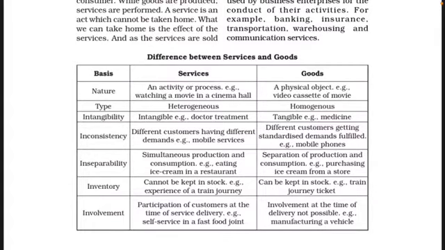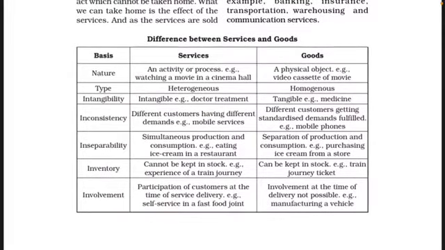And goods are physical objects, like a table or a mobile phone. An example is given here: a video cassette of a movie. In services, we are watching a movie in a cinema hall, and in goods, we have a video cassette, a CD, or a movie in a pen drive. So that is the difference between goods and services.